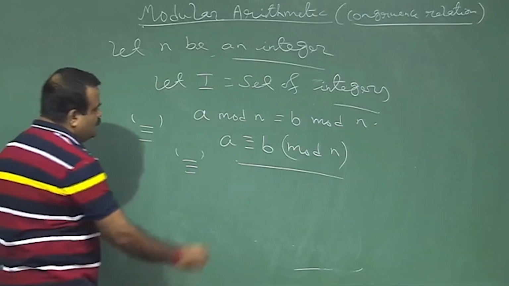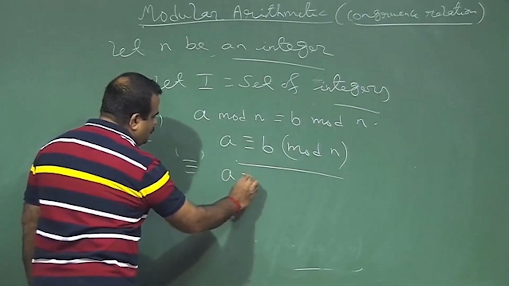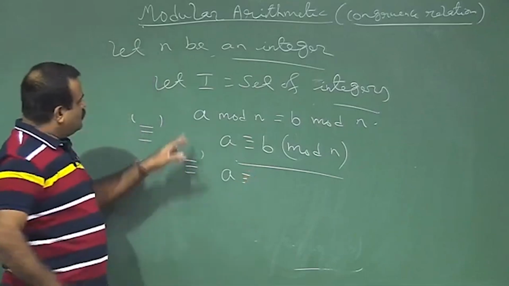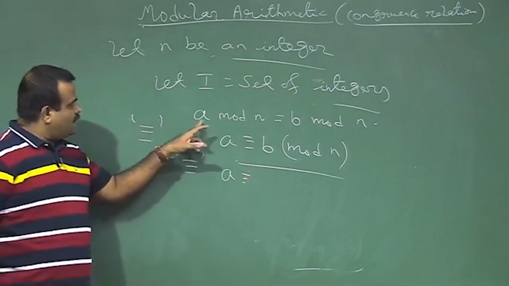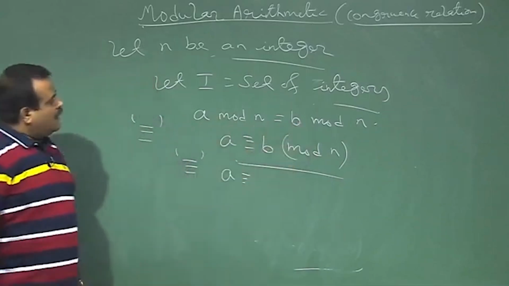So that means a is related with b if we divide a by n, and the remainder we get is the same as the remainder when we divide b by n.